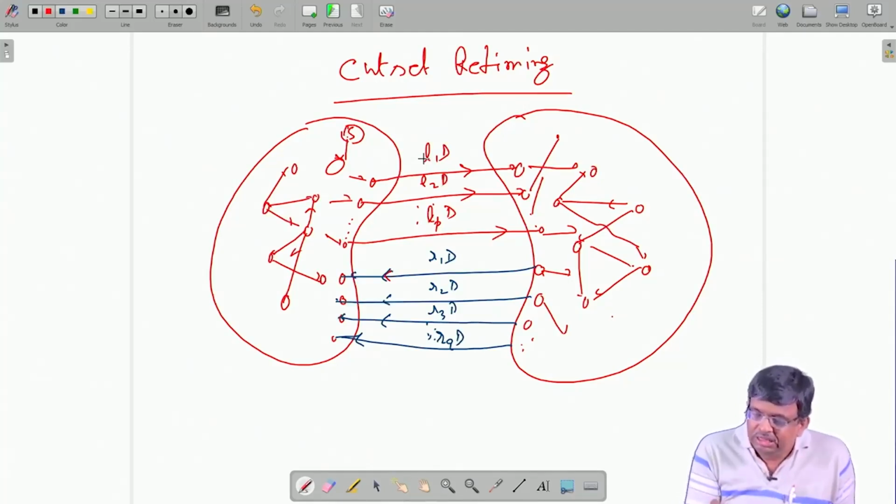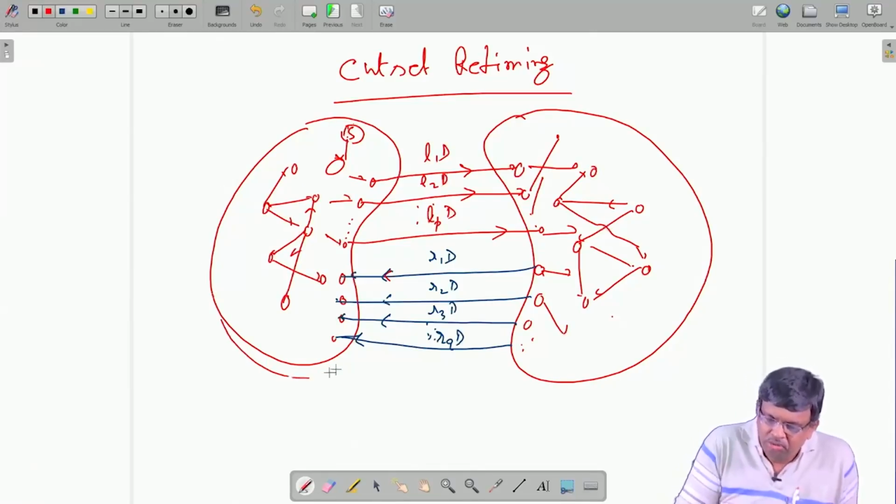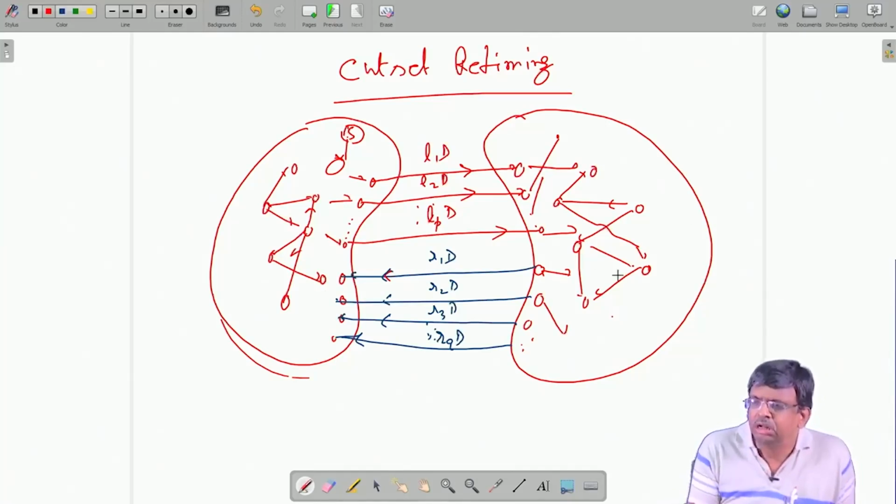Now, these edges, from left to right and right to left, qualify to be a cut set if I remove them, and after removal the original DFG is separated into one full sub DFG where all the internal nodes are internally connected, nobody hanging separately, and another separate sub DFG, again all the nodes internally connected and nobody hanging separately. Then I indicate them by passing a dotted line through them.